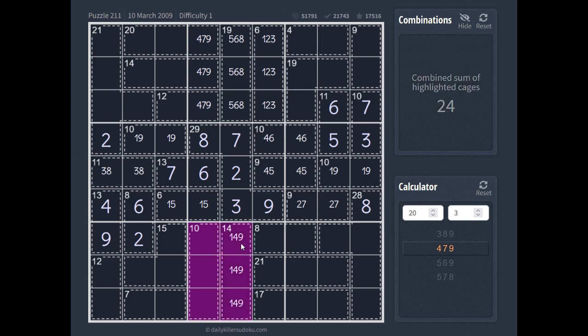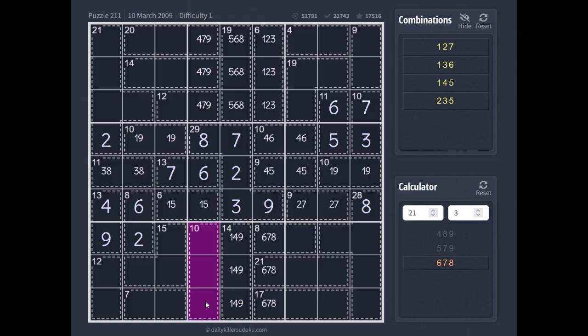Let's go here and look. 24, that makes this 21. What are our 21 options with 3? Well, they cannot contain a 9, so we only have 1, 6, 7, 8.